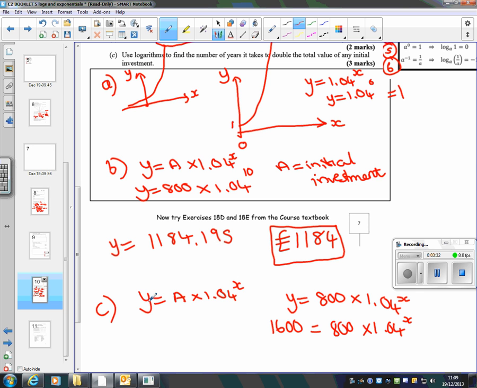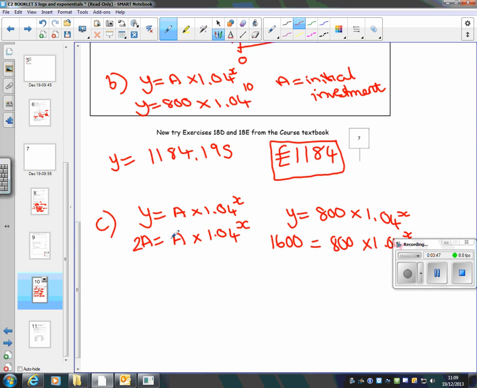So in this case, with a general equation, we'd be wanting to work out how long it takes A to double. So how long does it take us to have 2A? So if A was £500, how long would it take us to have £1,000 in our account?